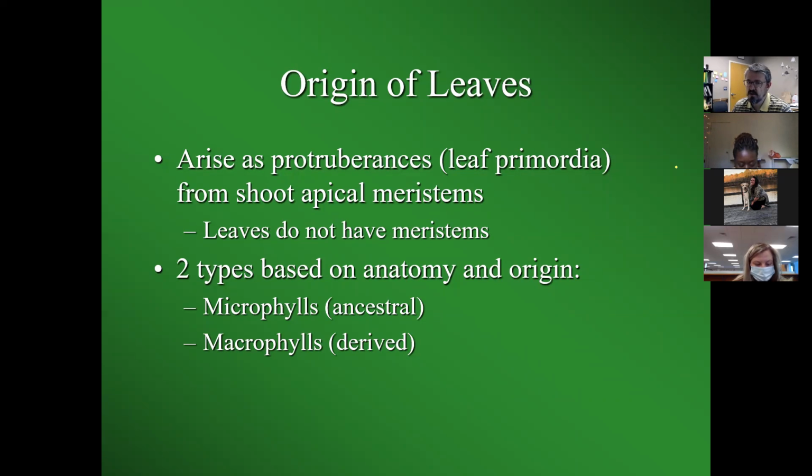Here we're talking micro and macro, meaning micro small, macro big. Later we'll see the terms micro and macro meaning male and female, at least in general. But here it's small and large.